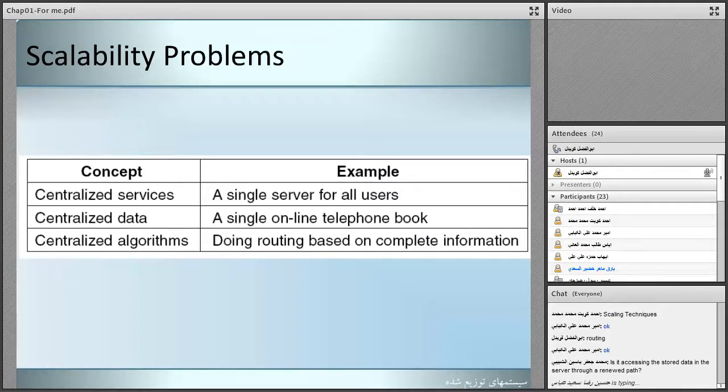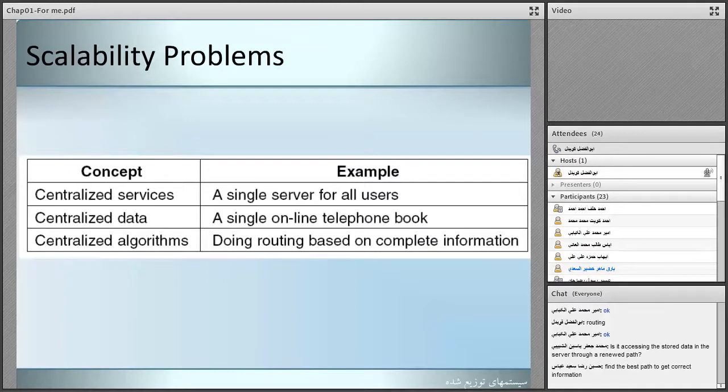So we must find the best path. The best path means the quickest path, the least expensive path, and the more reliable path. We want to find this path to send data between node 1 and node 5.